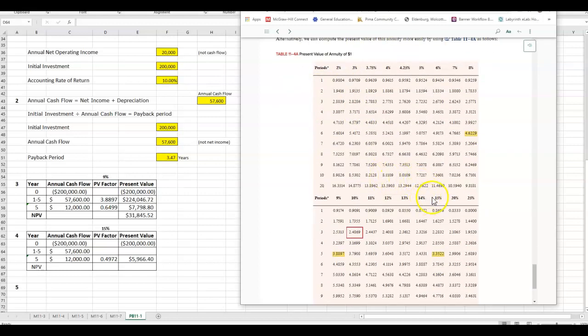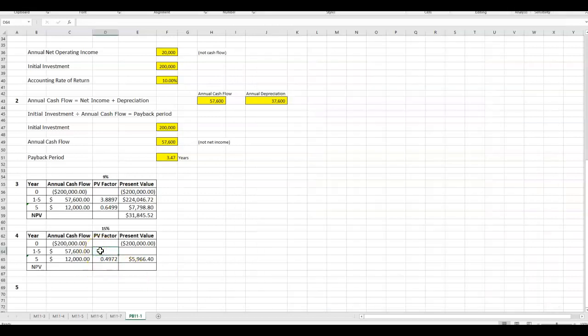We'll go to 15% and down to 5 years, and the factor is 3.3522. And we'll multiply. And then we'll net all of these together.